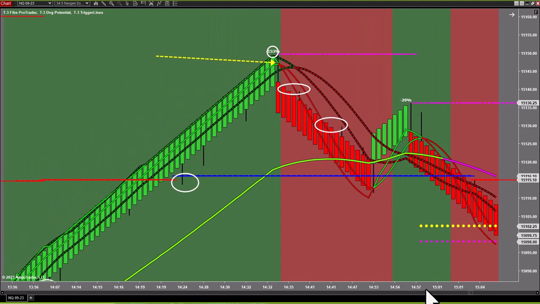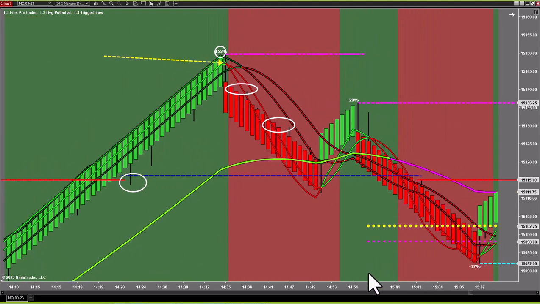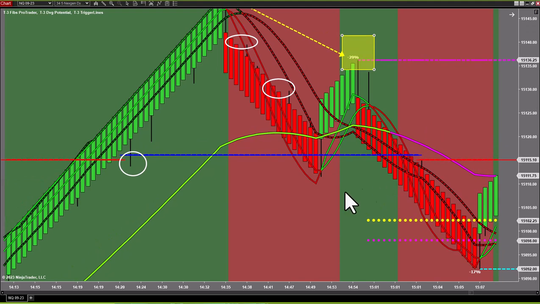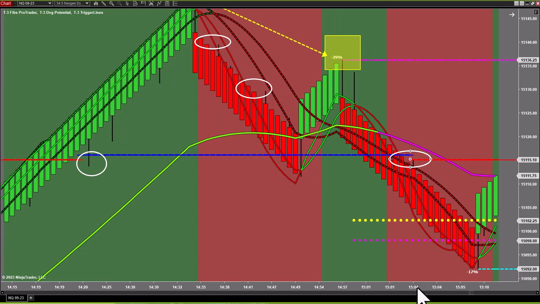One of the other things that we talk about in our termination conditions is divergences and then subsequent lower divergences. And again, this is not only an exit if you were long for some reason, but it can also be the precursor for a breakout. And when you get a breakout of a fib, any type of pullback with strong triggers is going to be another trade for you.